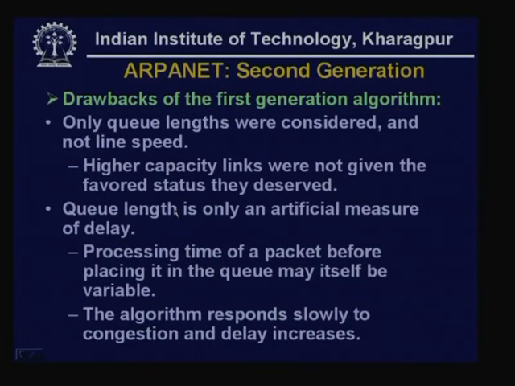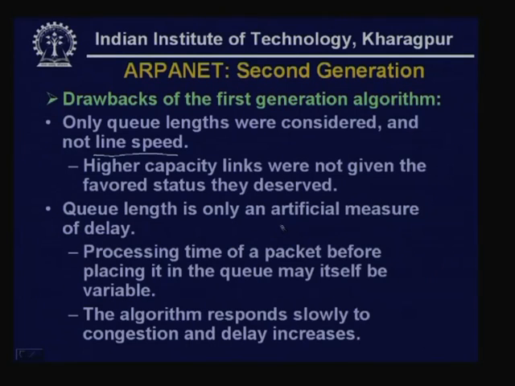Whenever the second generation approach was decided, the drawbacks of the first generation algorithm were evaluated. The drawbacks are that only queue length was considered and not the line speed. Of course, when the first generation technique was developed, in those days the links were of low bandwidth, low data rate.